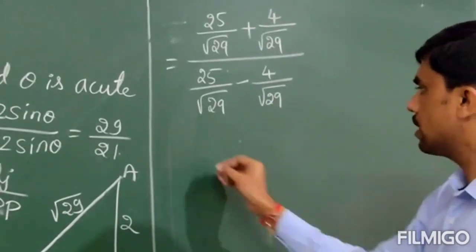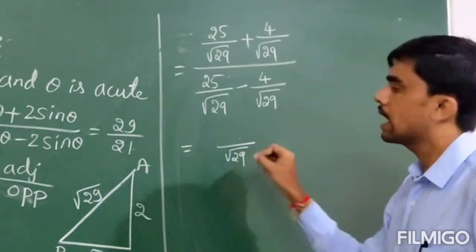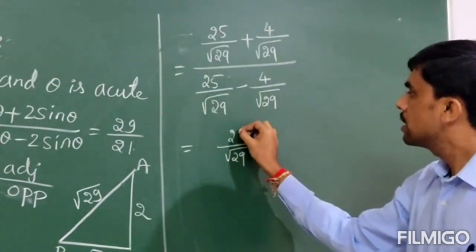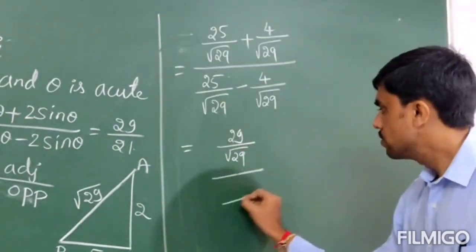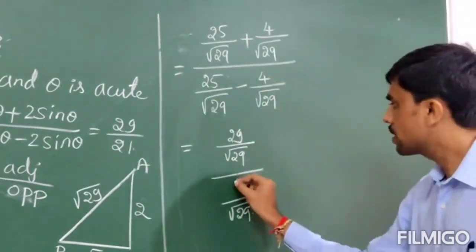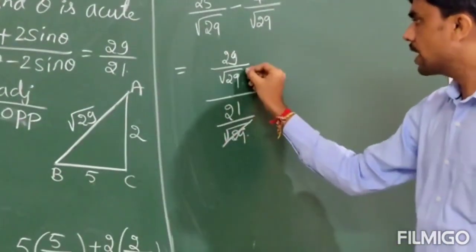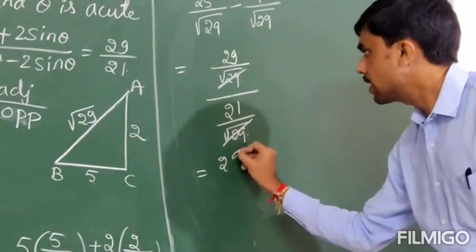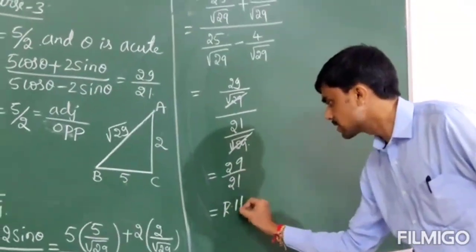In numerator, root 29 is LCM. 25 plus 4 is 29, whole divided by, here in denominator also root 29 is LCM, 25 minus 4 is 21. So root 29 gets cancelled, and our final answer is 29 by 21, which is equal to RHS.